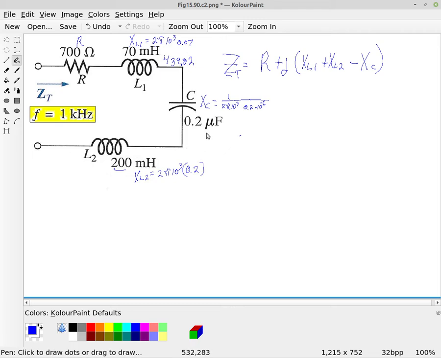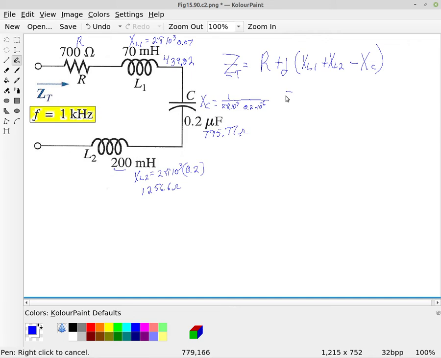And X of C is 795.77 ohms. And X of L2 is 1256.6 ohms.